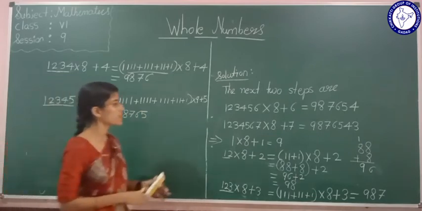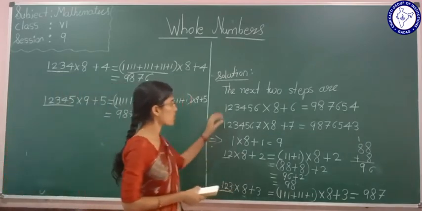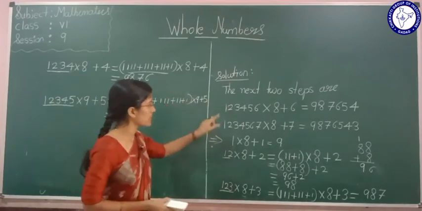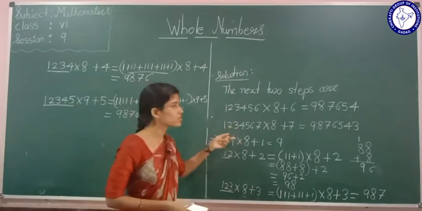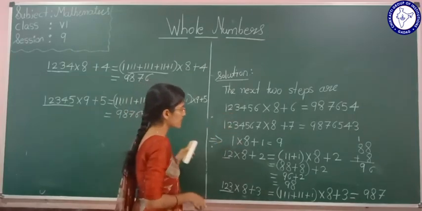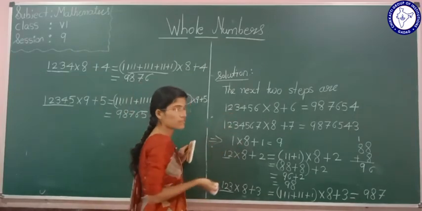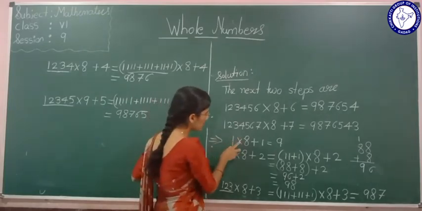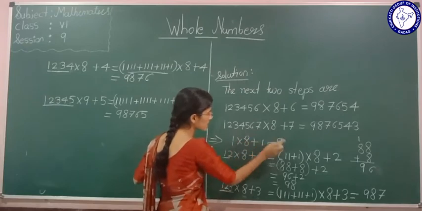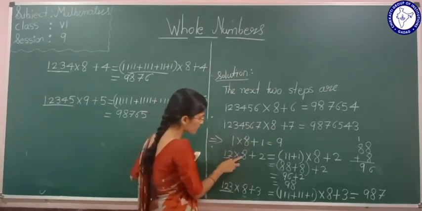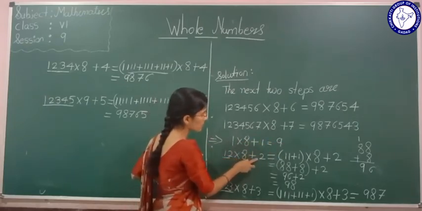Now see here, what we have done in this problem is, by observing the pattern we have written two steps. Afterwards, we saw how the pattern works. 1 multiplied by 8 plus 1 is 9. Now 12 into 8 plus 2 is 98.